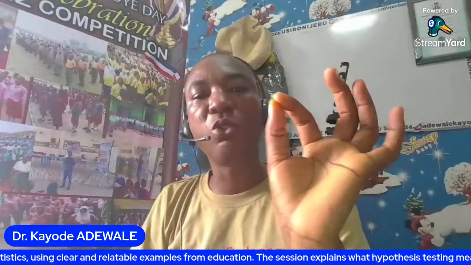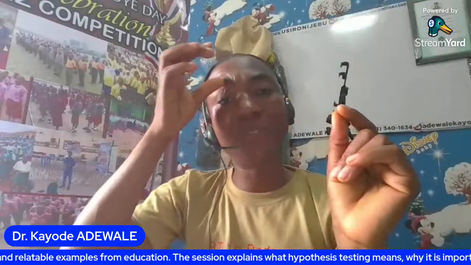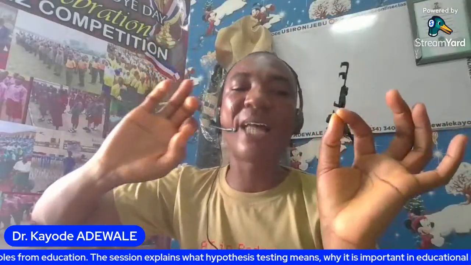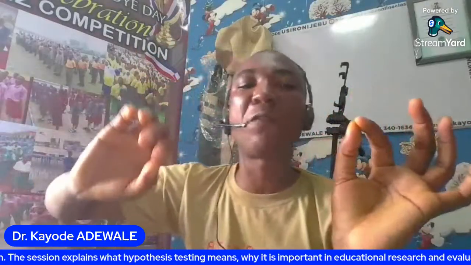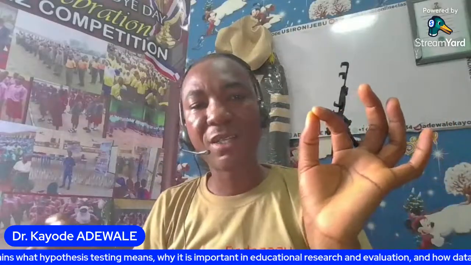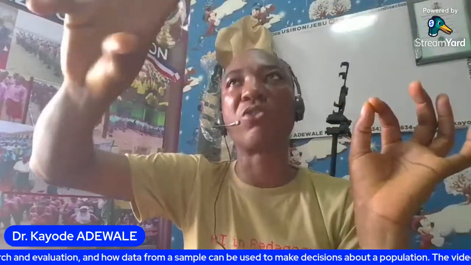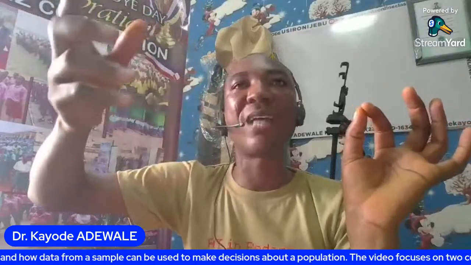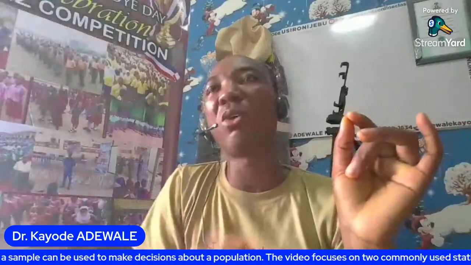And one thing I want us to know is this: when you hear the word academic performance, it's quite different from academic achievement. Academic performance, you are dealing with secondary data. That's the data when you collect ready-made scores of the students. A good example is WAEC score. You are not the one that conducts the WAEC.